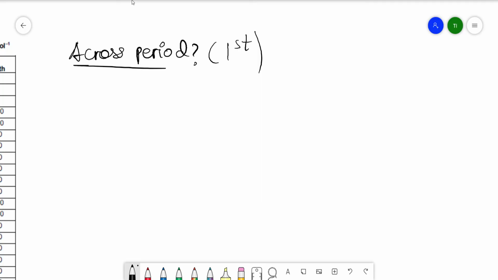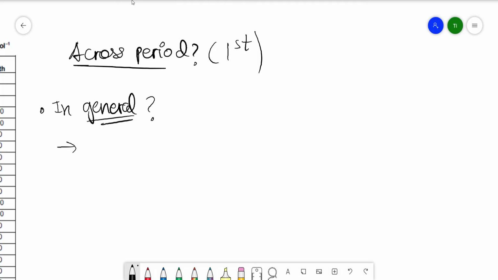Okay, so regarding the first ionization energy across the period, the actual answer is that in general, because there are a few special cases which we'll get onto later, it increases across the period. Now, why is that?